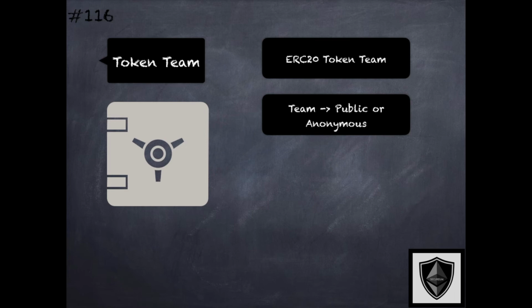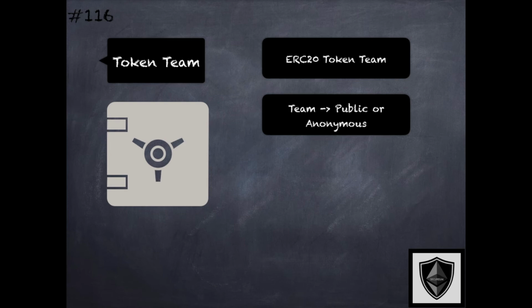Or this team could be anonymous, where the project members are only known by their handles on GitHub, Twitter, Telegram, or Discord, and we have very little information about what they have done in the past, or about their real world identities and how they are connected within the social circles of the community.